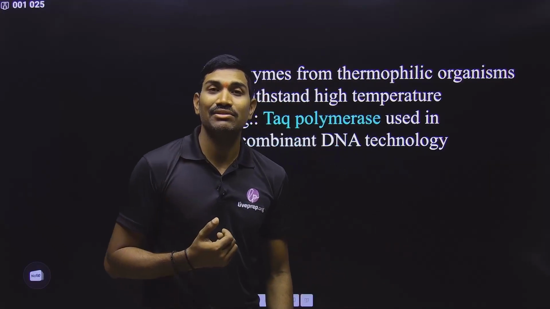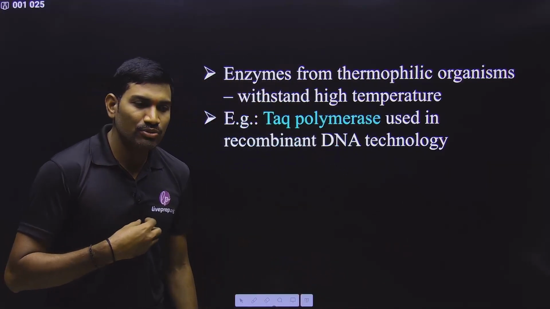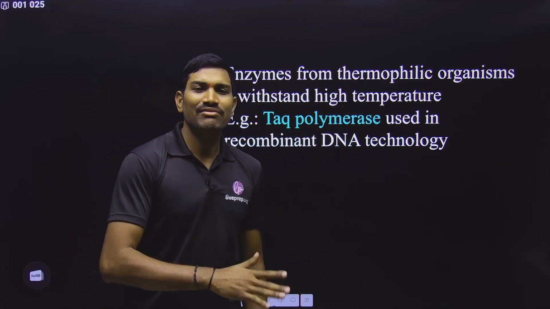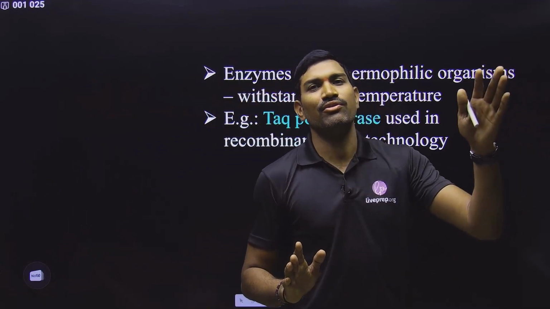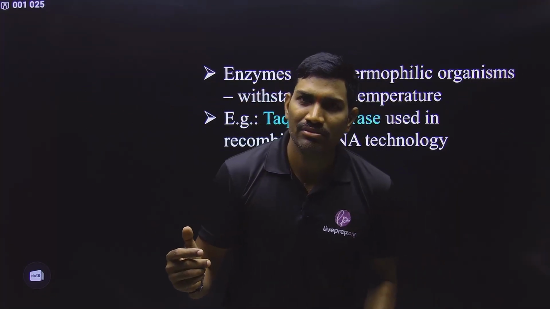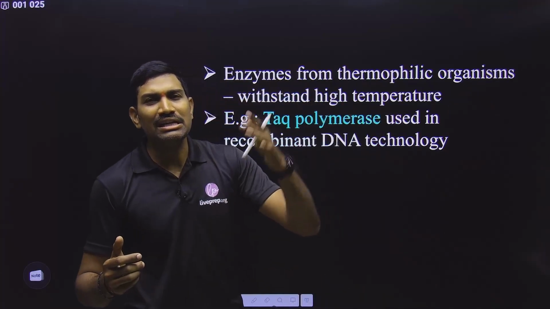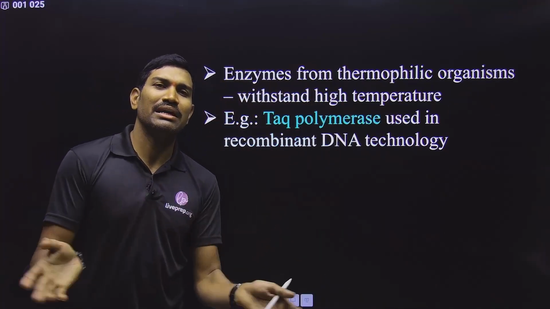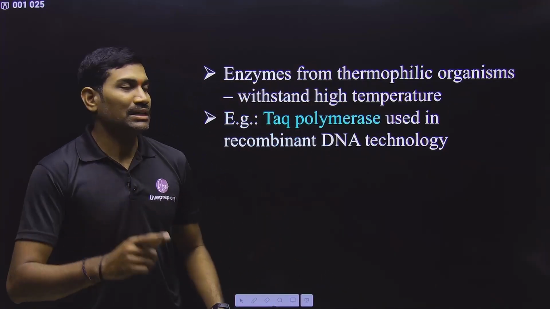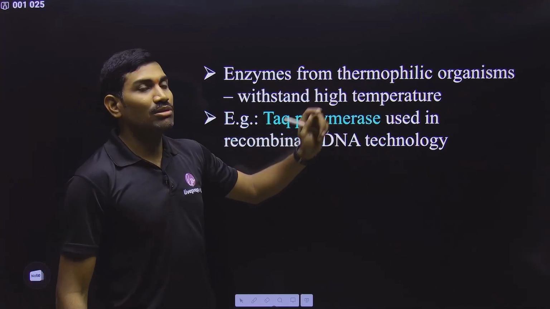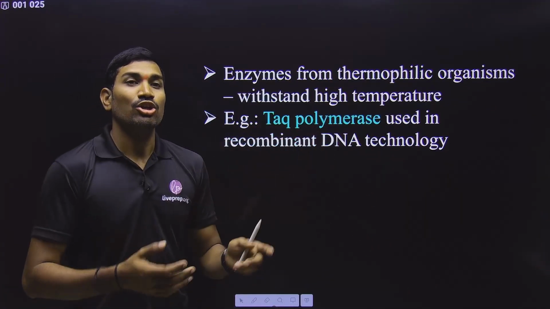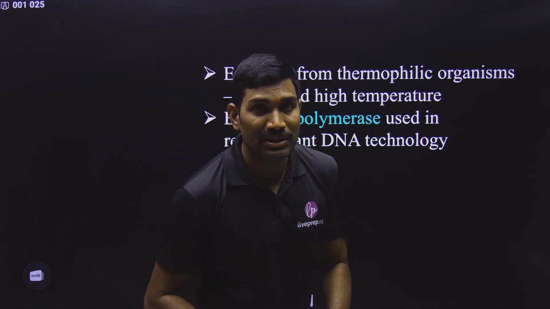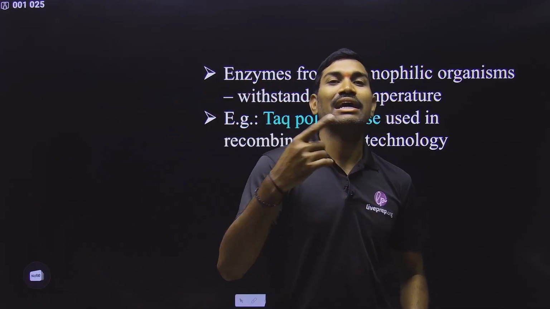It is around 37 degrees centigrade. Suppose you are using a human enzyme, it can withstand up to 40 degrees centigrade. If the temperature goes beyond 40, it will become inactive. And if the temperature keeps on increasing, the protein will be damaged. Yes or no? But if you are taking an enzyme from a thermophilic organism, since it is naturally living at high temperatures, those enzymes can withstand high temperatures and they are still active at high temperatures.